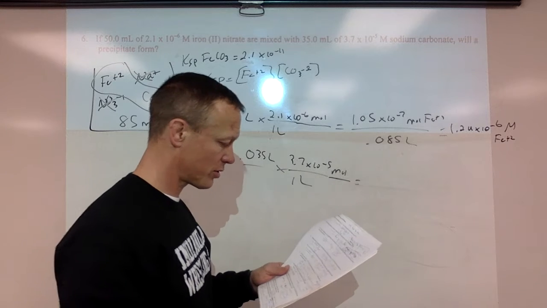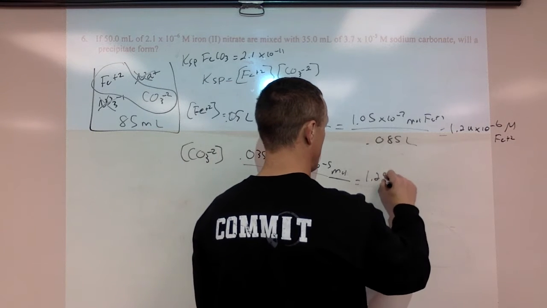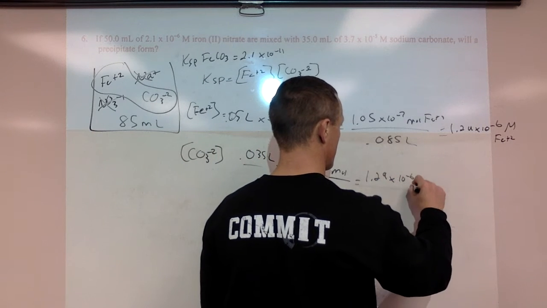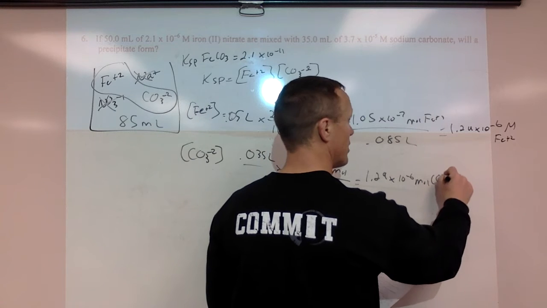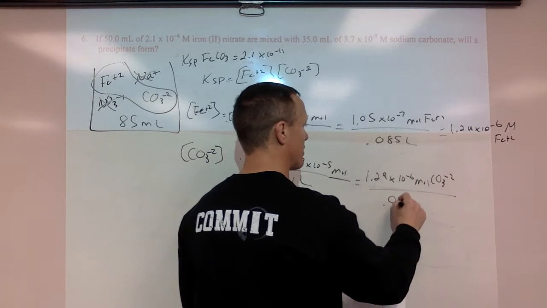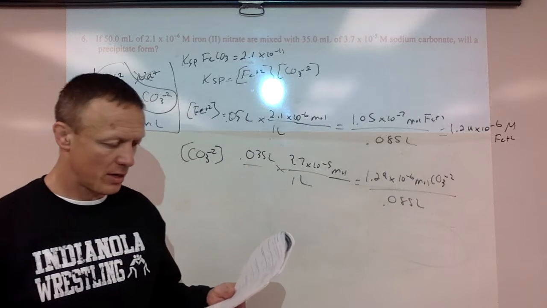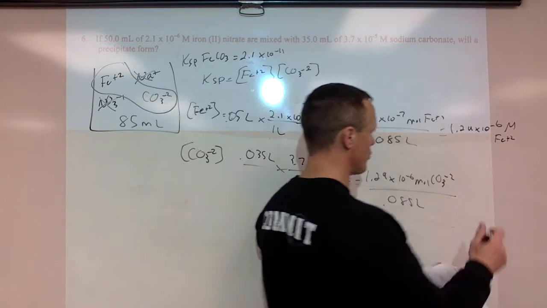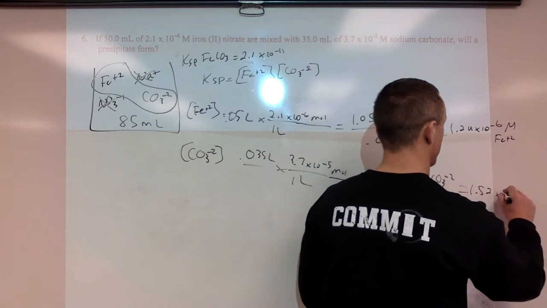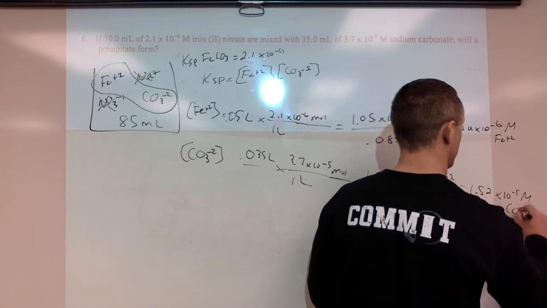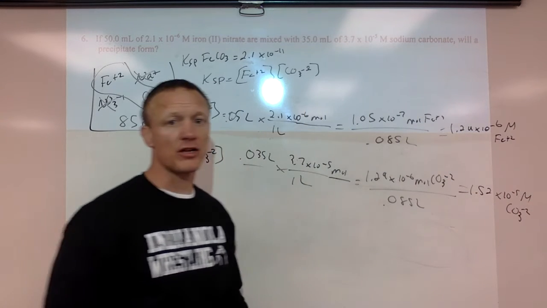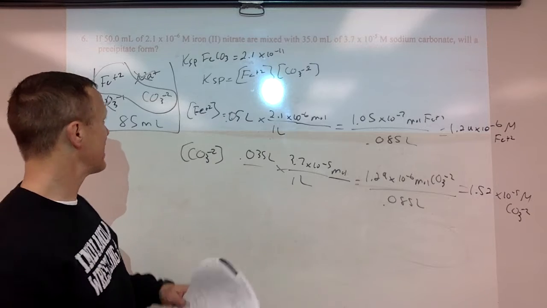So we get our moles, 1.29 times 10 to the negative 6, divided by the 0.085 liters that it's in now, and we get 1.52 times 10 to the negative 5th. So we have our two concentrations in this.